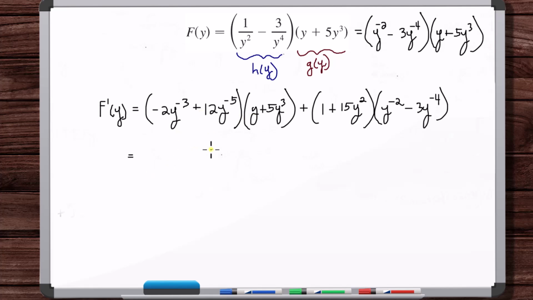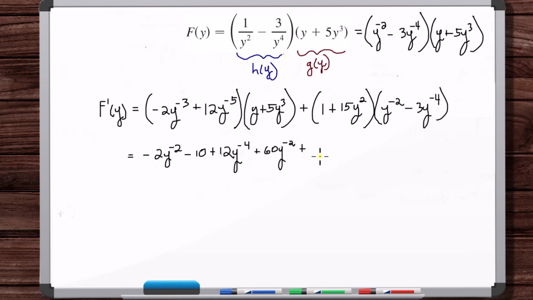Okay, so distributing this, we've got minus 2y minus 3 plus 1 is minus 2, minus 10, and just times 1, plus 12y to the minus 4 plus 60y to the minus 2.